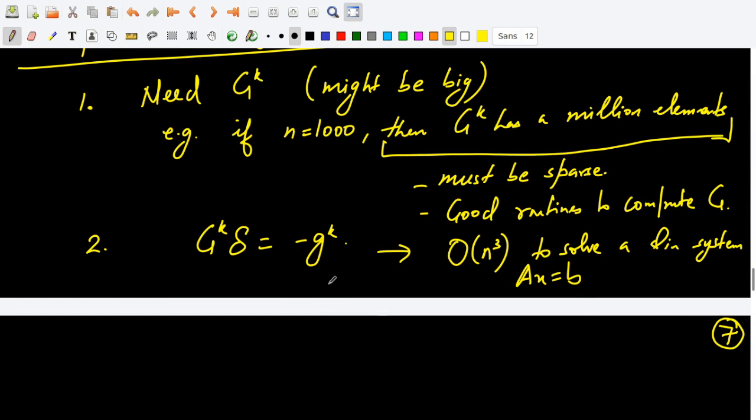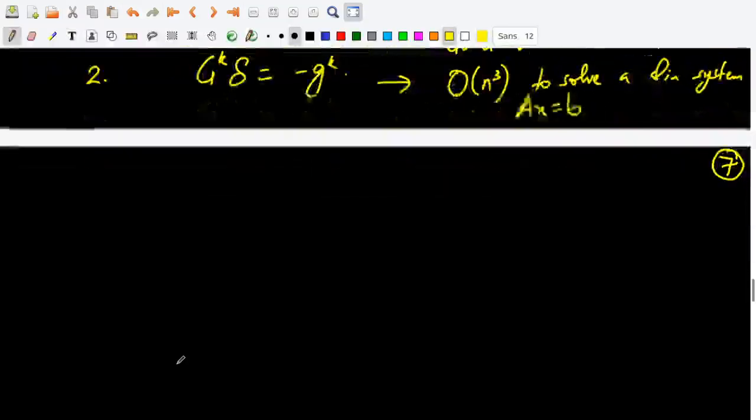Newton's method may take fewer iterations if I am close to the solution, but each iteration may take a longer time. So this really makes Newton's method not very practical for general purpose unconstrained optimization.